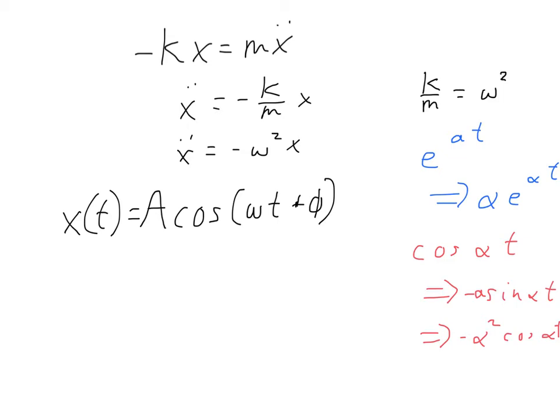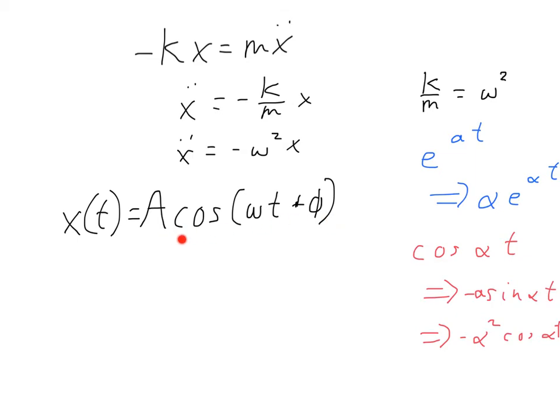What this means now is that I have a function that describes the position of the object at any given time, and all it's going to depend on is the omega value here, which we see is related to the spring constant and the size of our mass. We see that there's this thing here that we could call the amplitude. It will say how big this is, and you can see why it would describe amplitude well.